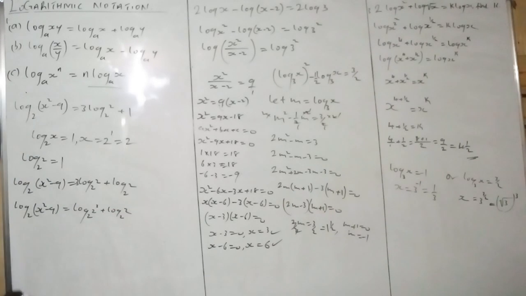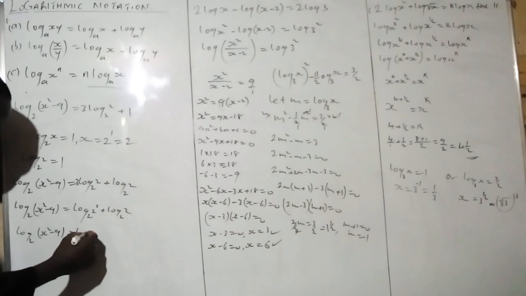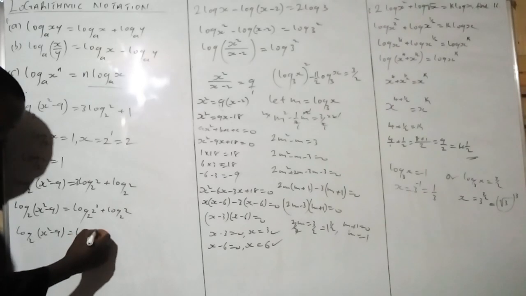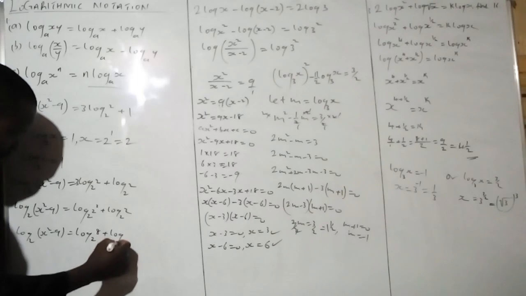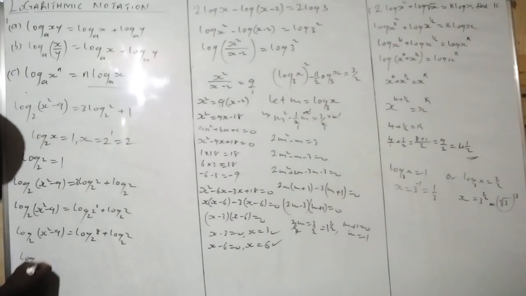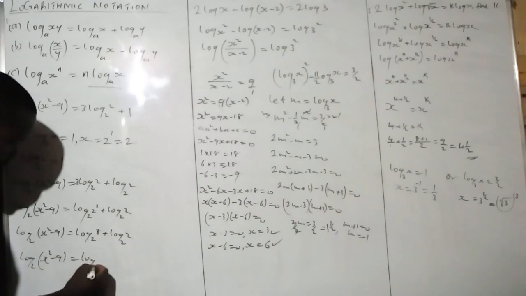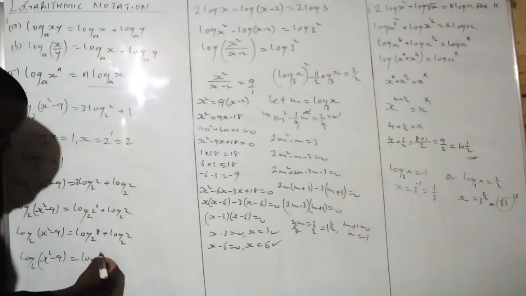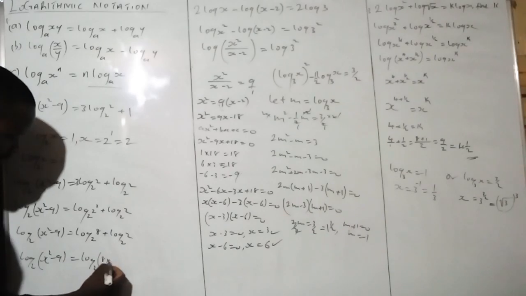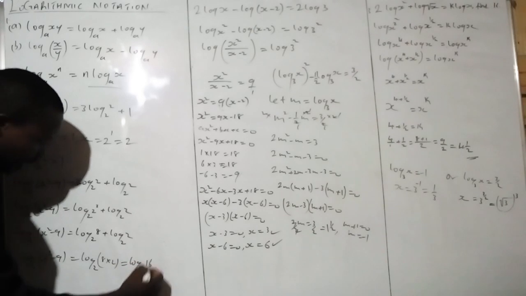Next, log to base 2 of x squared minus 9 is equal to log of 2 cubed, which is 8, plus log 2. On our right hand side we pick a single log to base 2, and since we have plus, we multiply 8 times 2 to have log 16.